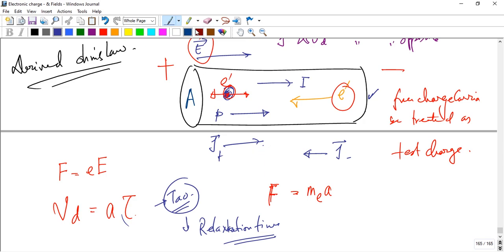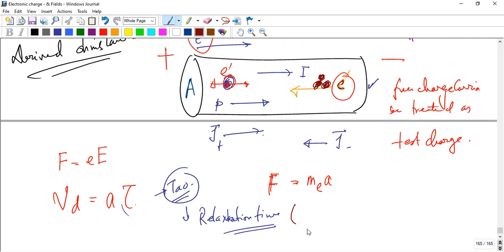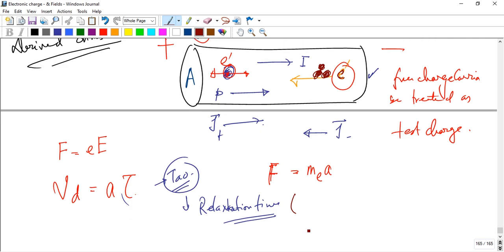When the free charge carriers move from one end to another, there are collisions between them. There are billions of charge carriers, and they collide with each other. The time taken between two collisions is the relaxation time, during which no collision occurs.